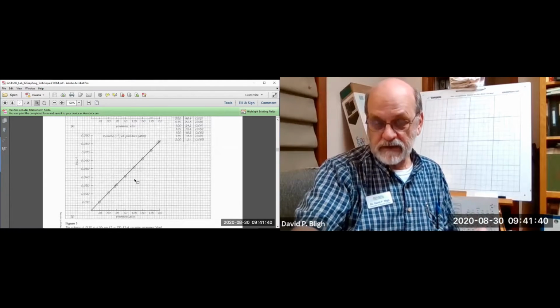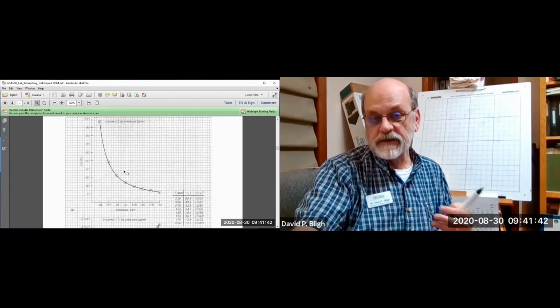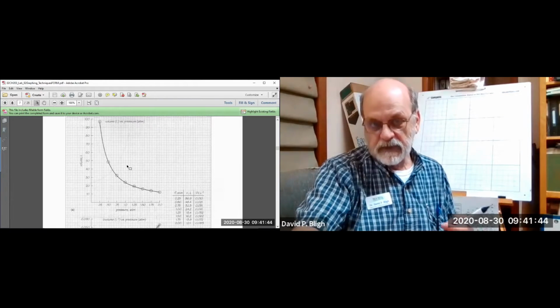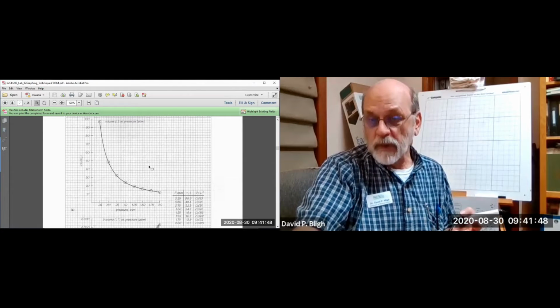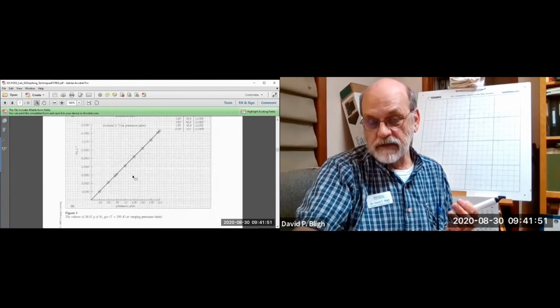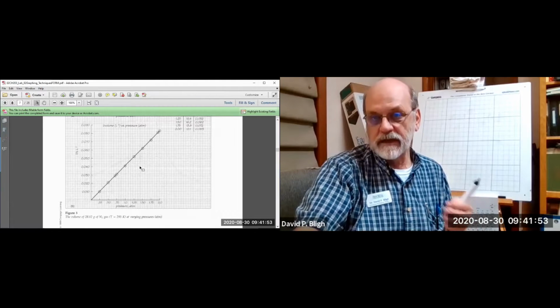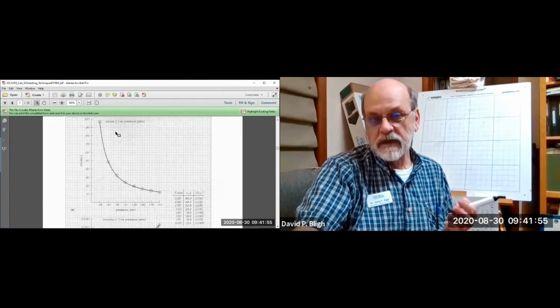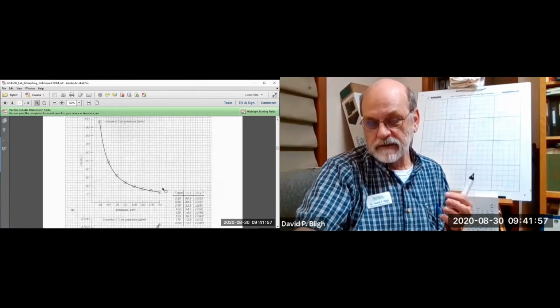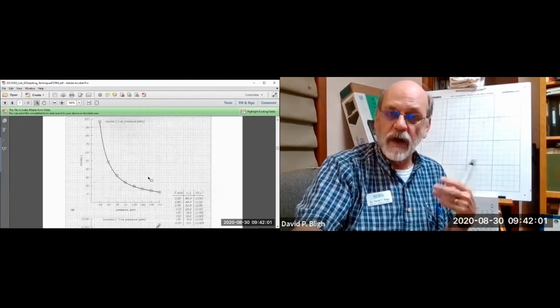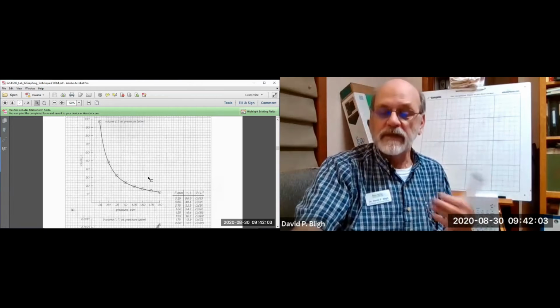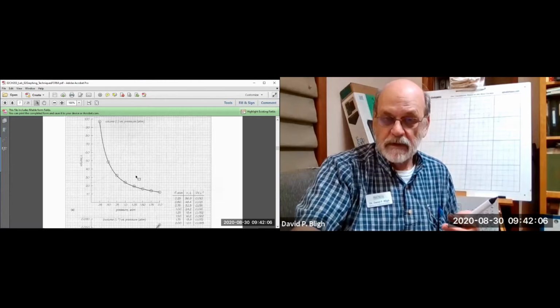This is a direct relationship. This is an inverse relationship. And that's characteristic of any graph. If the slope of a line is positive, or to the right, it's a direct relationship. If it's negative, sloping from upper left to lower right, then you have an inverse relationship.